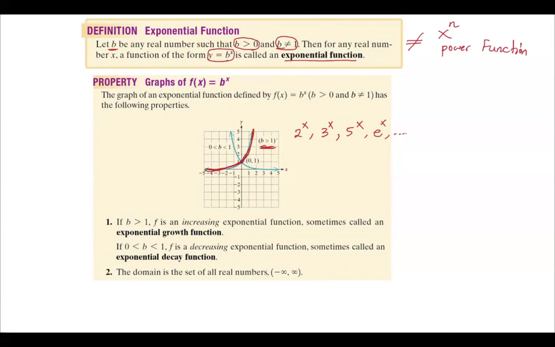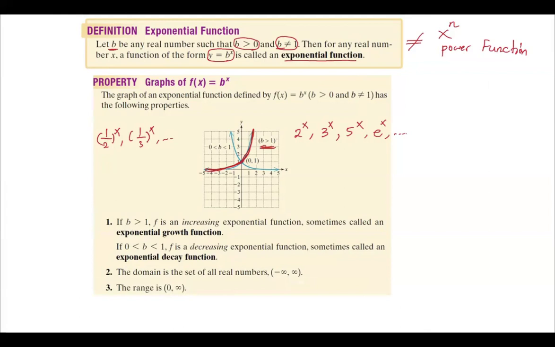It doesn't matter if it's 2 to the x, 3 to the x, 5 to the x, e to the x, or a half to the x, a third to the x, and so on. If it's exponential decay, the domain is still negative infinity to positive infinity. You're allowed to plug in any number that you like for the exponent here.